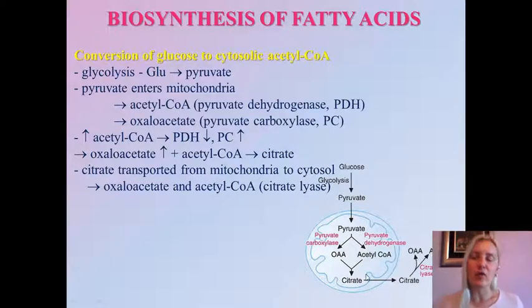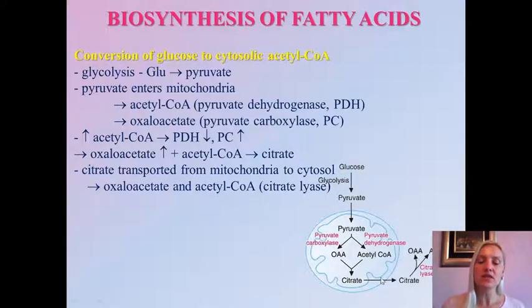We know from the previous topics that the increased concentration of acetyl coenzyme A actually inhibits the pyruvate dehydrogenase activity. So the fate of pyruvate is redirected towards pyruvate carboxylase reaction and the formation of oxaloacetate. Increased concentration of oxaloacetate and already increased concentration of acetyl coenzyme A in a cell tends to make a reaction between these 2 molecules to form citrate molecule.